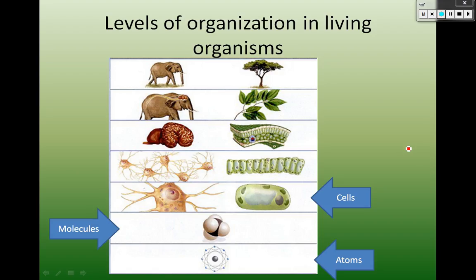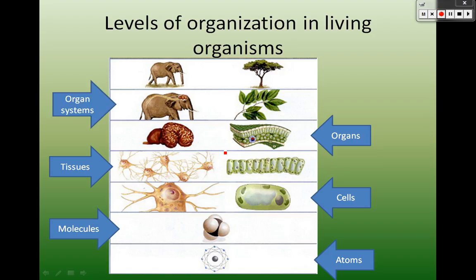Molecules are organized into cells, and here we have a plant cell and an animal cell. Cells are organized into tissues. We're used to talking about animal tissues, but you also have plant tissues. This is a layer of leaf, and you can see that layer right here. Tissues are organized into organs. Organs are organized into organ systems.